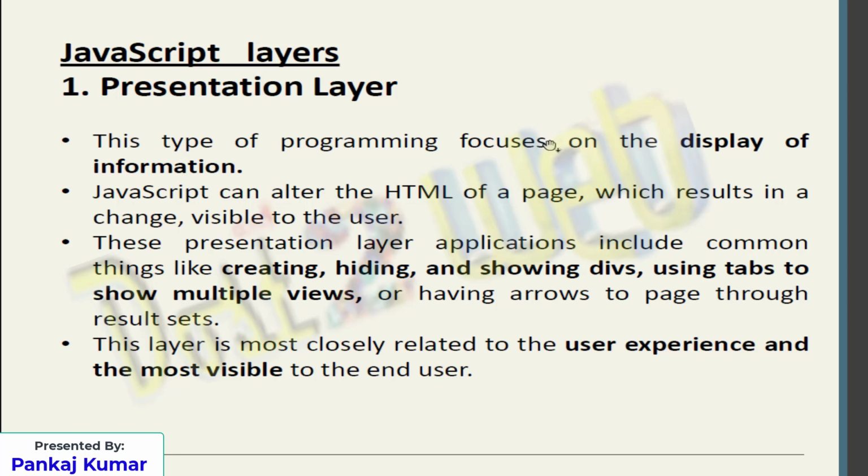Let's go into a little more depth on all the layers. As I said, the presentation layer: this type of programming focuses on the display of information. It means the UI part. The user should not get confused about where to click or where to hit the submit button.